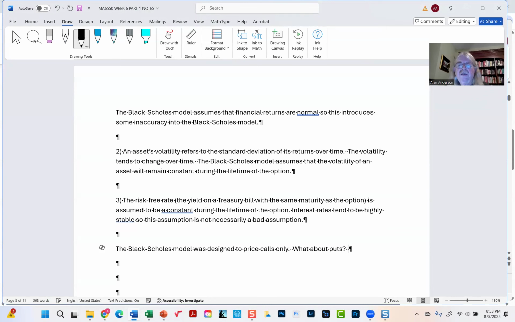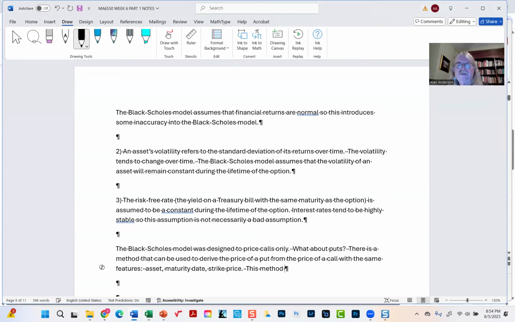Well, it turns out there is a method that can be used to derive the price of the put from the price of a call with the same features, meaning asset, maturity date, and strike price. This method is known as put-call parity. And we will go over that, just not right this minute, okay?